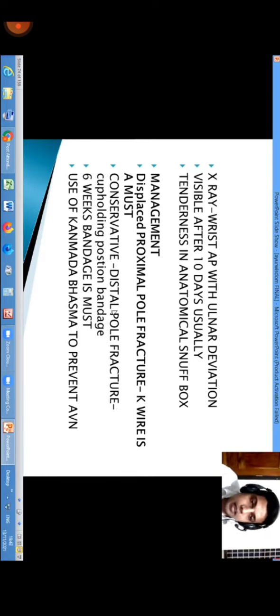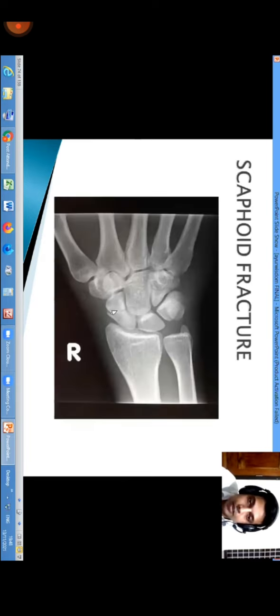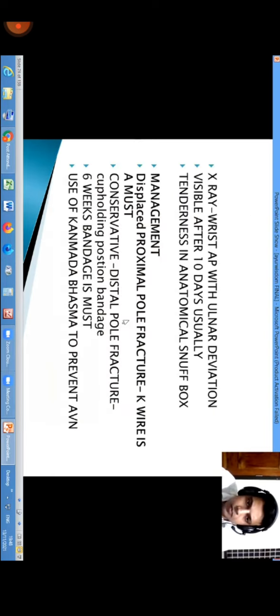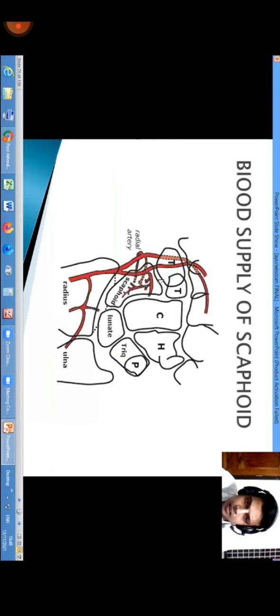Management: a displaced proximal pole fracture, care is a must. If the fracture is here, this is the proximal pole and this is the distal pole. If the fracture is in the proximal pole, it should be treated with internal fixation, because the blood supply of the scaphoid is like this.